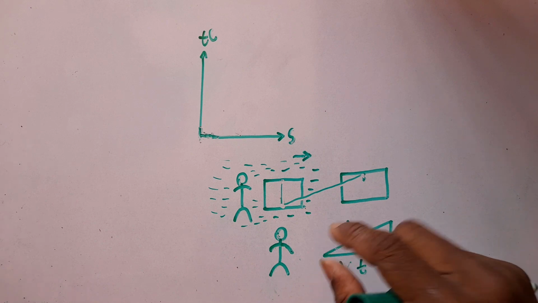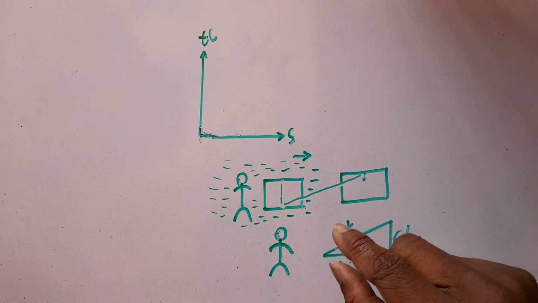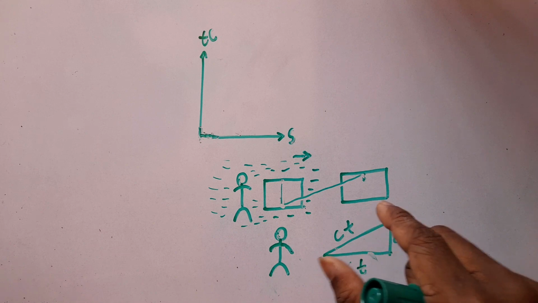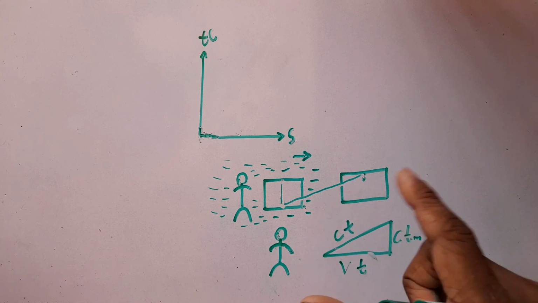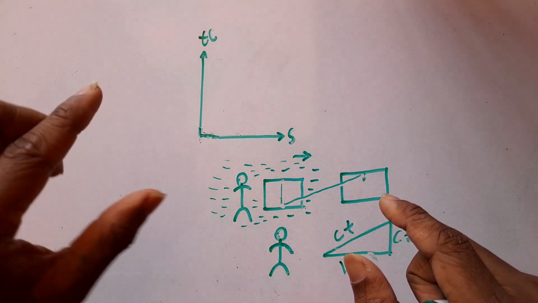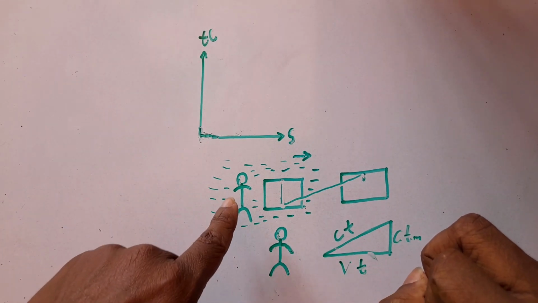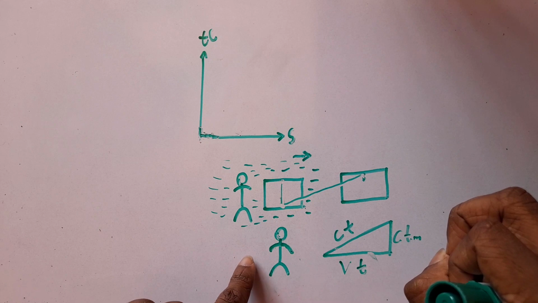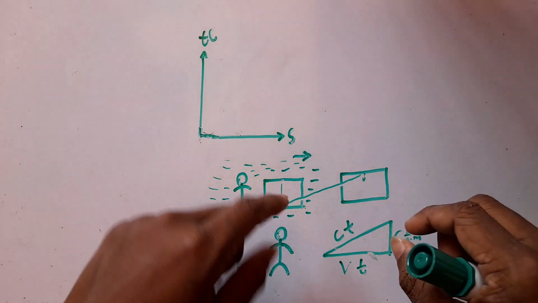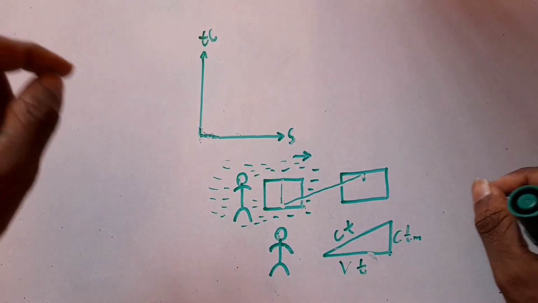The moving observer experiences a shorter time for this process to happen. That's because he's moving both through space and time, and the space-time velocity is distributed through both of the axes, so he's experiencing a shorter time, while the stationary observer experiences a longer time period for this process to happen.